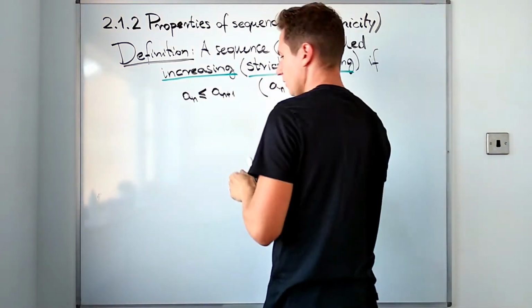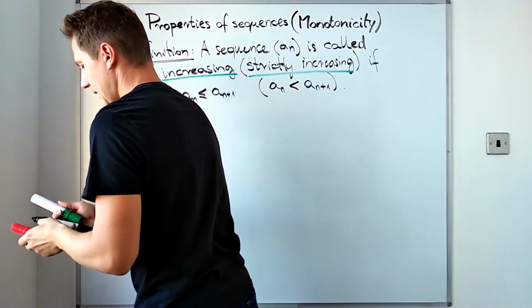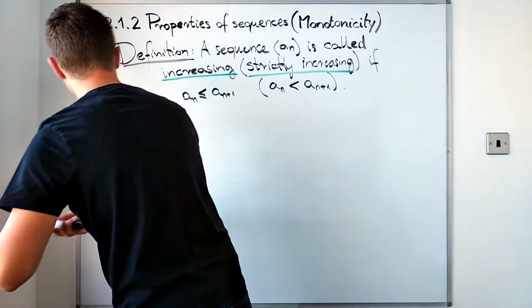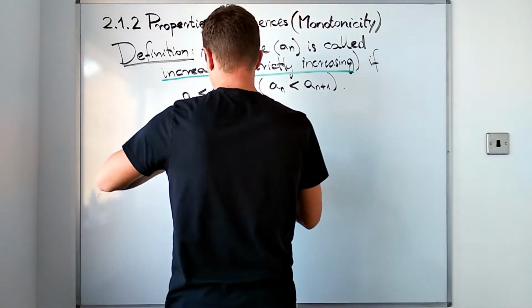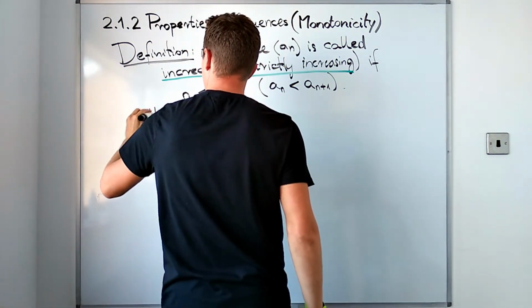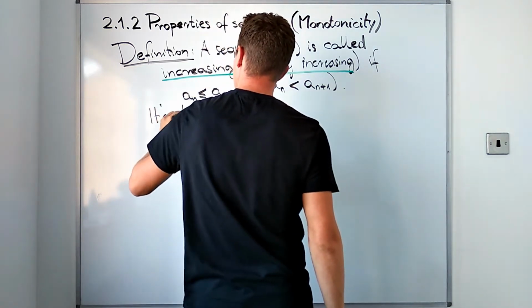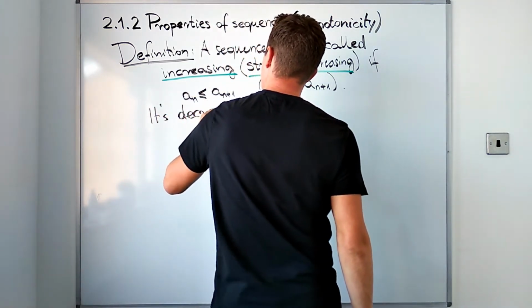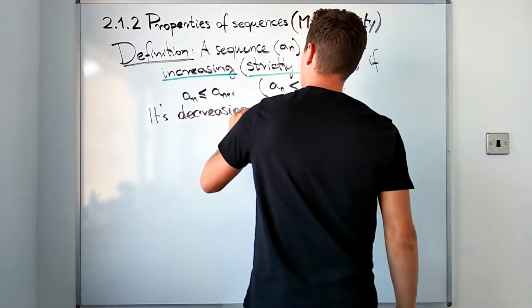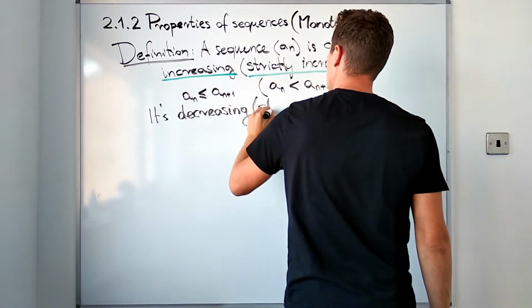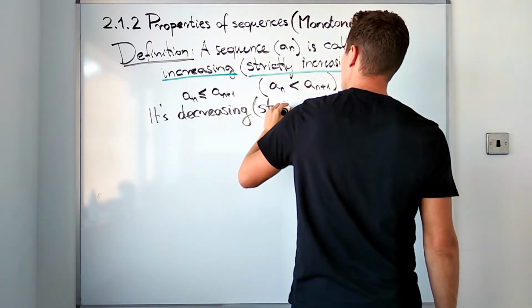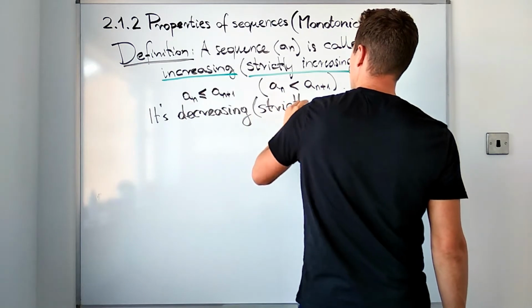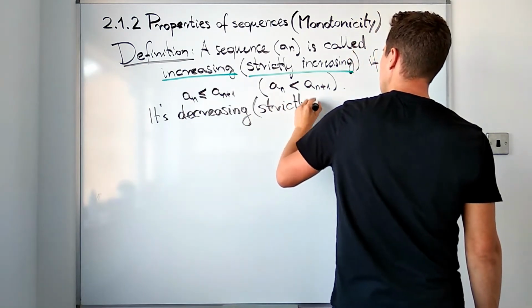Similarly, we can talk about a sequence that is decreasing, or again, there can be a strict version of this property, strictly decreasing.